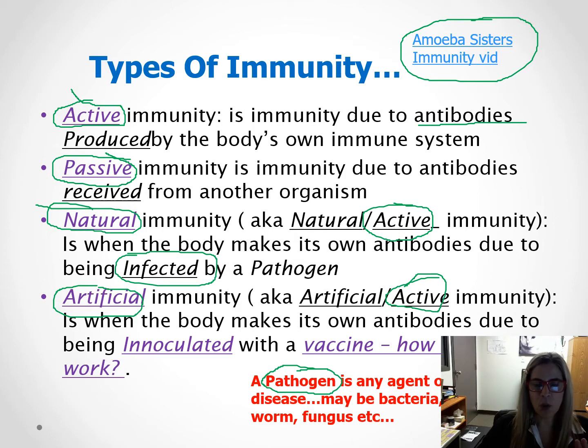So it can be fragments of the proteins that are associated with that pathogen. But in any case, when your body gets a vaccine, that's considered artificial immunity because it's not natural exposure, but it's considered active because your body, in response to coming into contact with a foreign protein, is going to make antibodies.